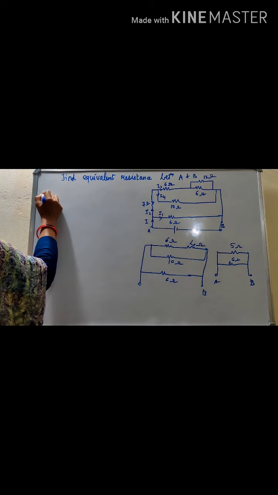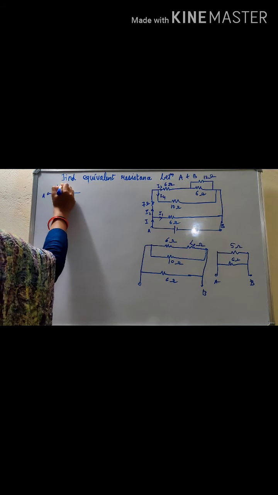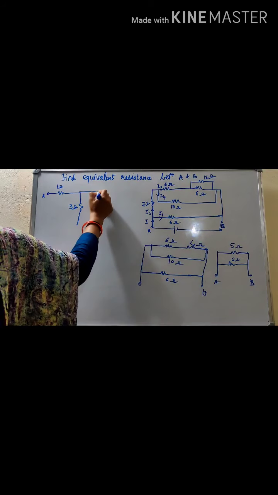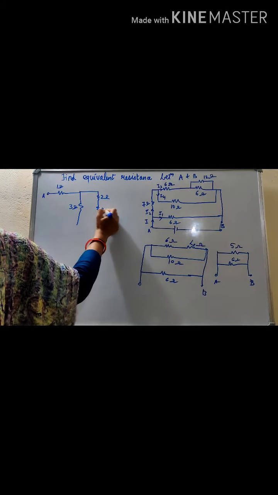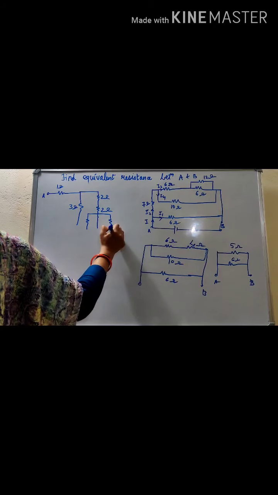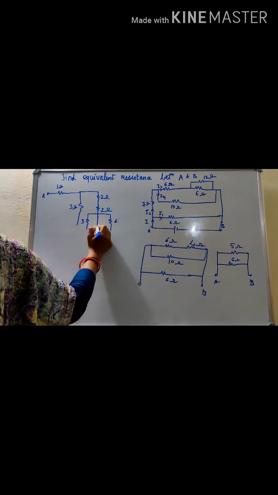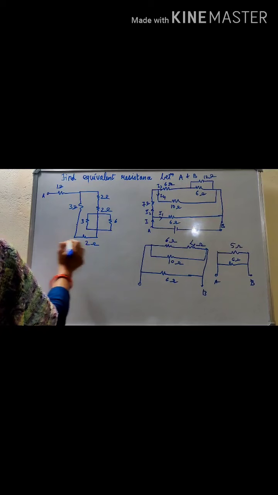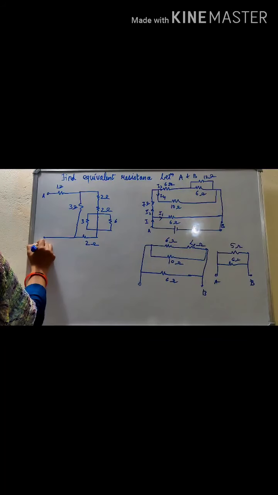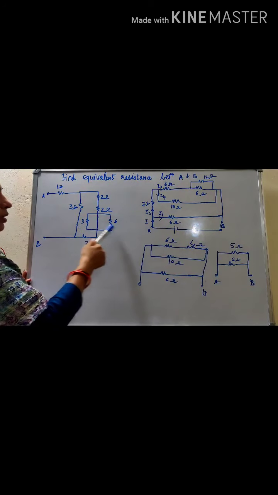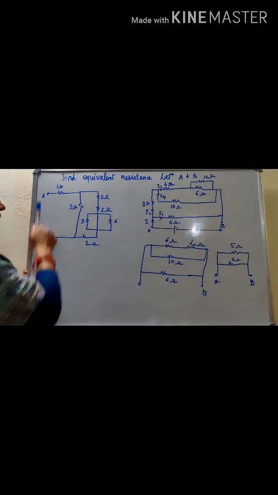Homework question is: find the equivalent resistance between A and B. 1 ohm, this 2, here there is one wire, 3, 6 are connected like this, 2, 3, and A and B are here.